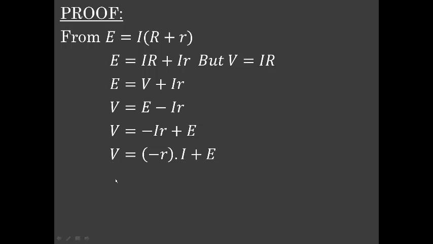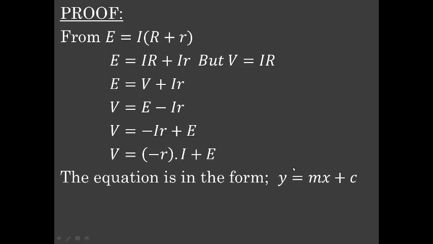V takes the place of y, and I takes the place of x. That means V is on the y-axis and I is on the x-axis. If y is equal to mx plus c, you realize that our y is occupied by V. Our m, which is the slope or the gradient, will be negative r if x is occupied by I. And the vertical intercept is going to be E, which is the EMF.